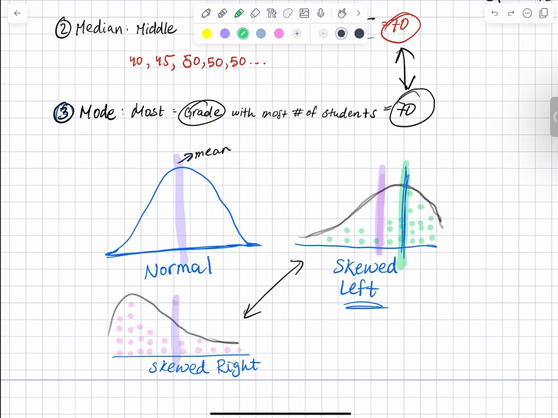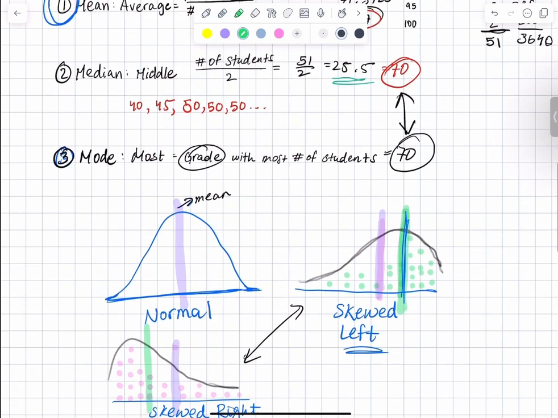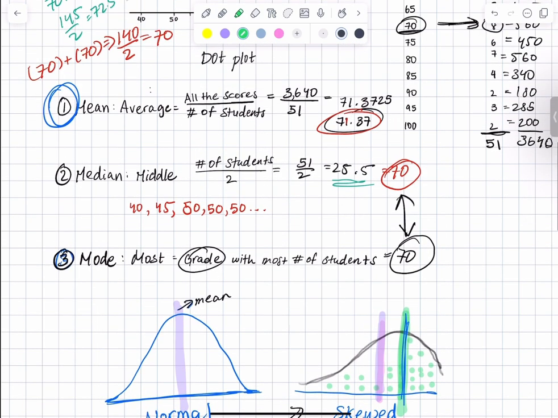It's a little over-exaggerated. For this, it will be somewhere around here. That way you're slightly shifted towards the majority, and you're getting a better estimate of how these classes are doing. So when it's skewed, use the median. And when it's normal like this, use the mean.